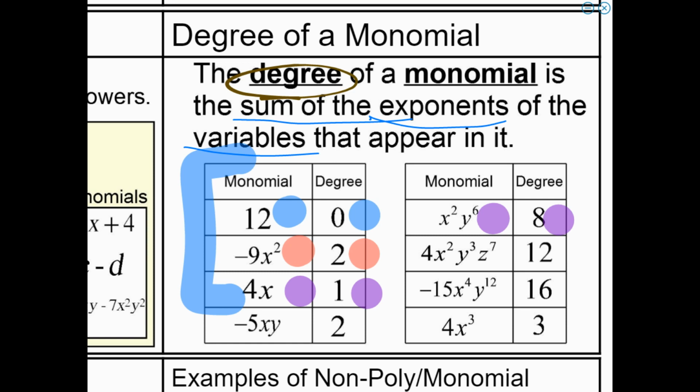The only thing that you really need to know is when it's asking you to put it in standard form, or from highest degree to least degree, it's just asking you to put it from the highest exponent to the lowest exponent. So don't let the word degree confuse you or make you not be able to do it, because all it's asking you to do is put it in what we call standard form, from the highest exponent to the lowest exponent.